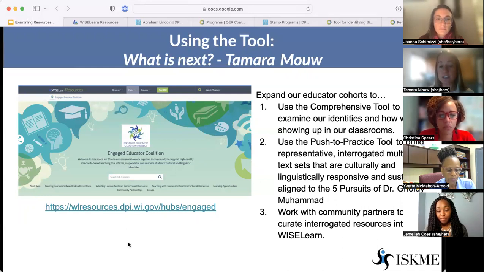So we want to continue to expand our education cohorts for Wisconsin educators to continue to use the comprehensive tool to examine their identities and how they're showing up in their classrooms, to be able to use that push to practice tool to build representative, interrogated, multimodal text sets that are culturally and linguistically not only responsive, but also help to sustain our students' cultures.